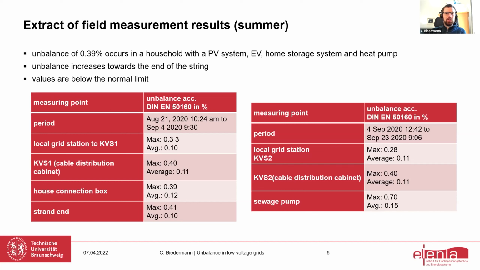Everything was a little bit below 2%. As you know, normally no one will call the grid owner when everything works well, and normally you will not see the unbalance if you do not measure it.